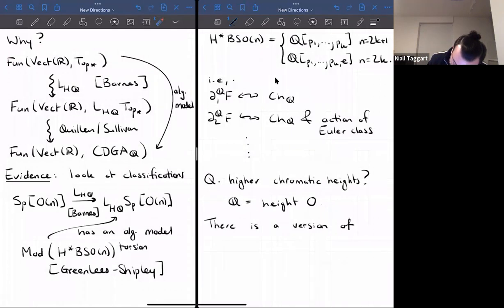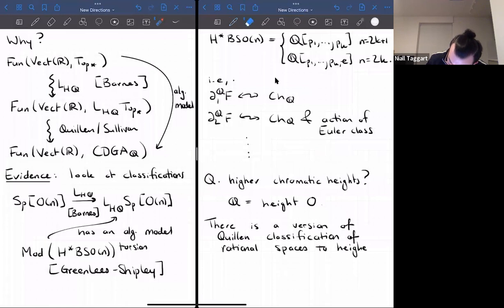of Quillen's classification of rational spaces to higher heights.